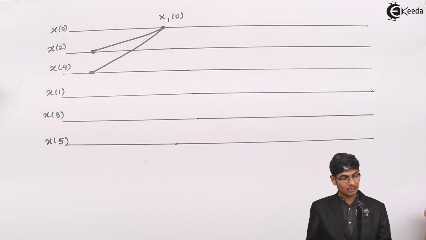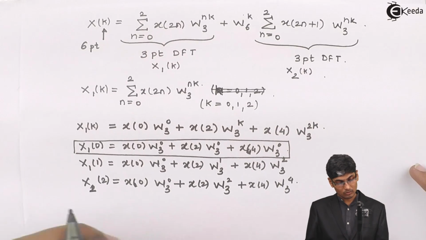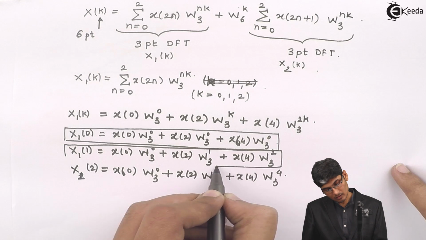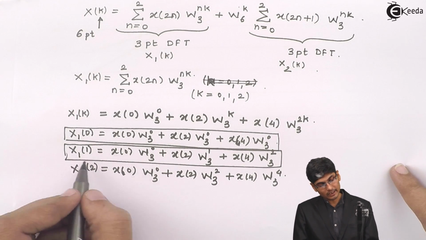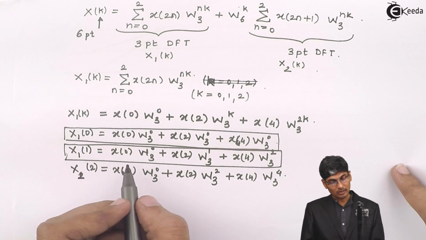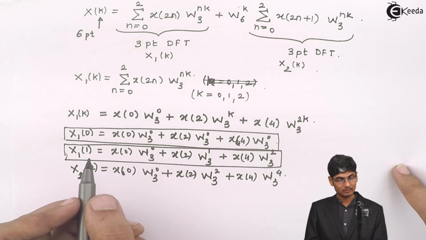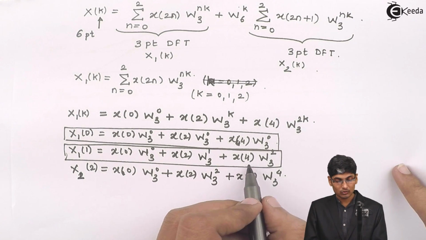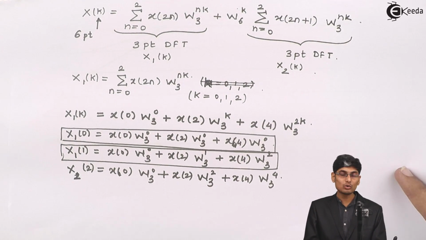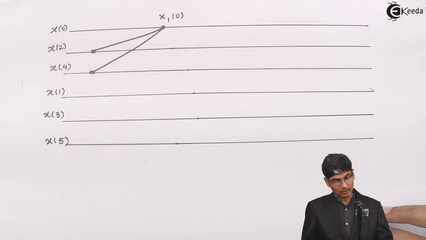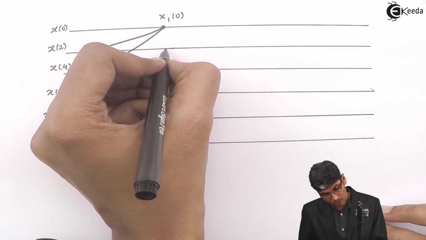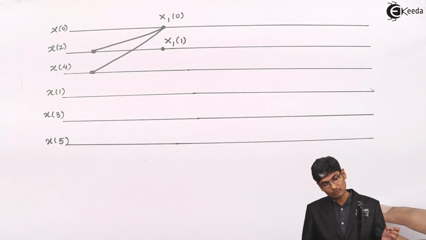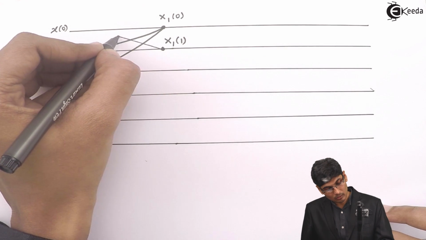Let us bring the next value. For the second equation, I am going to get output as x1 of 1. So I have x0 multiplied by 1, that is x0. Then I have x2 multiplied by w3 raised to 1 and x4 multiplied by w3 raised to 2, together added. For x1 of 1, I bring x0.